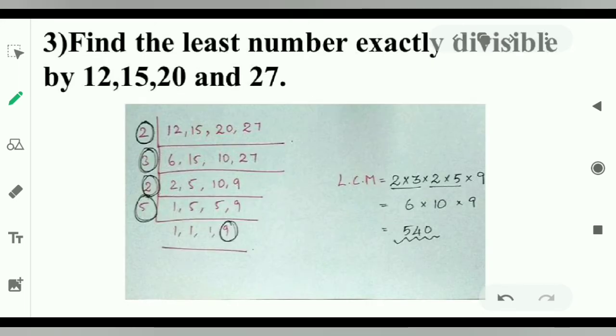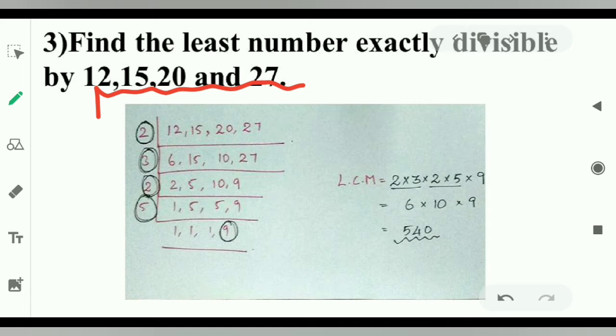Find the least number exactly divisible by 12, 15, 20 and 27. We have to find the least number which is exactly divided by these four numbers. Can you notice it is the definition of something?